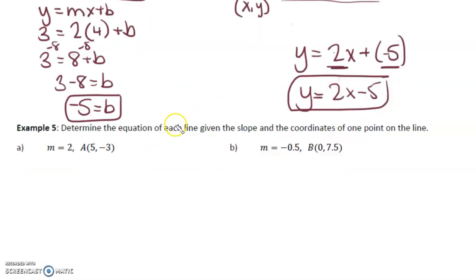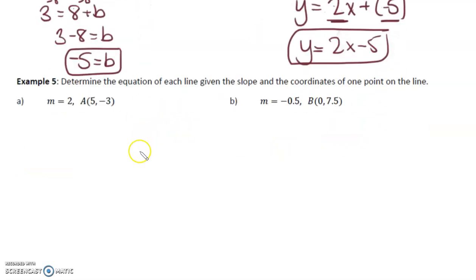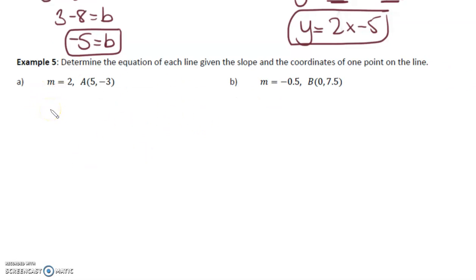Okay, we're going to do the same thing in example 5. Determine the equation of a line, and we're given the slope and a point. So this is x, this is y. y equals mx plus b. Let's go through them in order. What is our y value? Negative 3. What is our m value? 2.